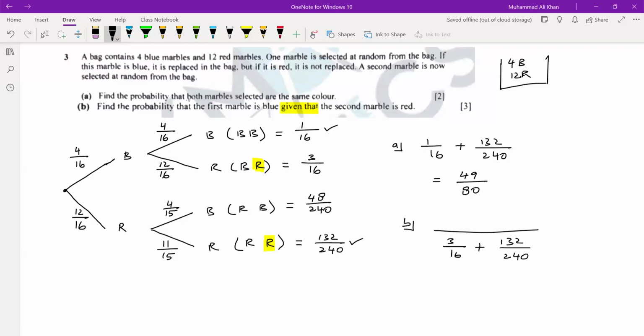And now we have to calculate the probability that the first marble is blue. It means we have to calculate the probability of this branch out of two branches, right? So here it is 3 over 16. So the final answer will be 15 over 59. A very simple question of probability.